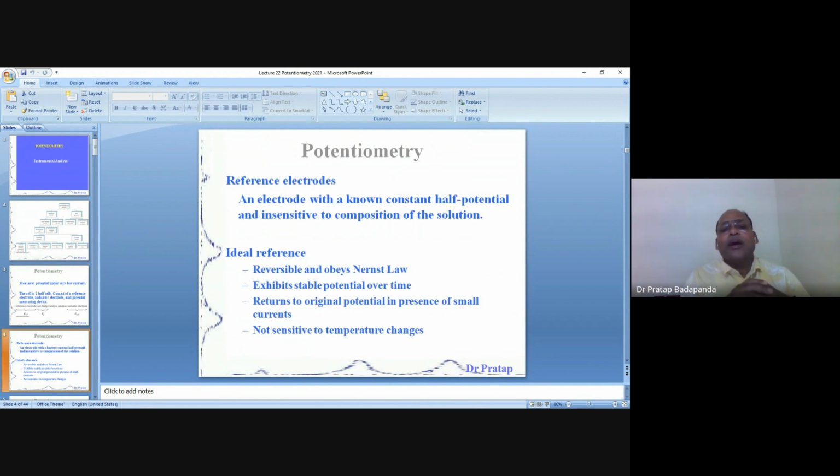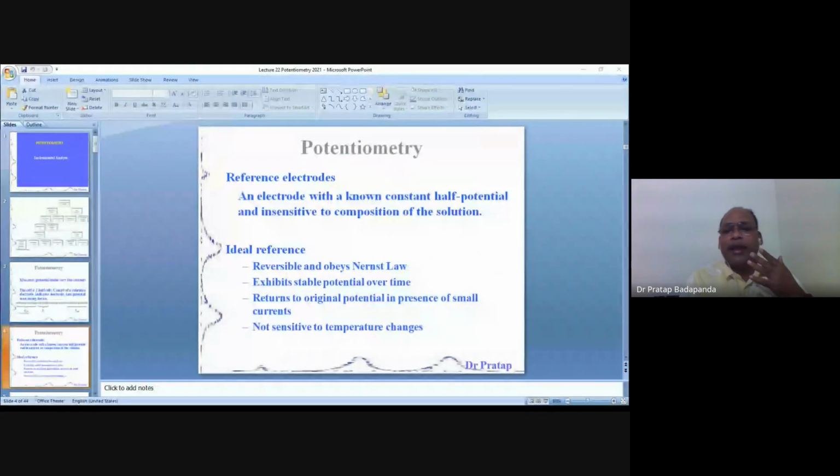Now, what do you mean by a reference electrode? An electrode with a known constant half-cell potential. If you are using an electrode whose potential value is known, like copper with 0.34 volt electrode potential, it will be a reference electrode.